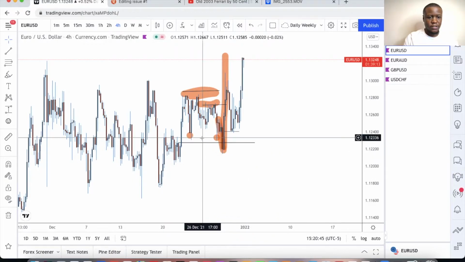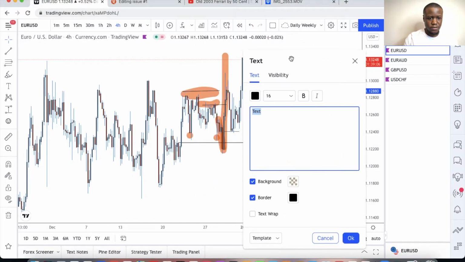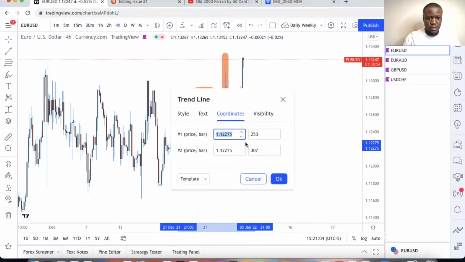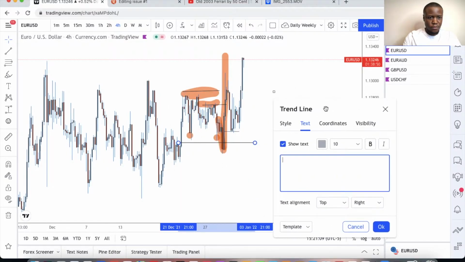Just to write that down as a reminder. Actually put it right on this. 1 point, what was that? 1.2275.